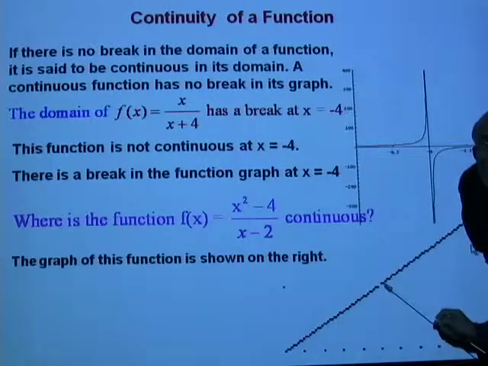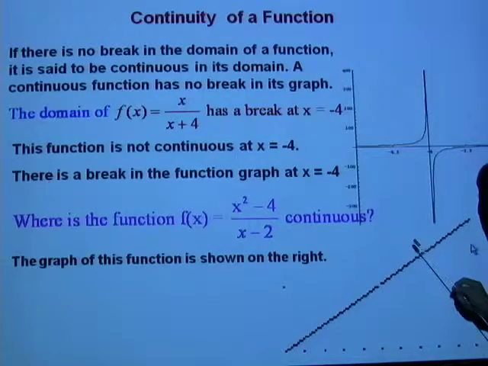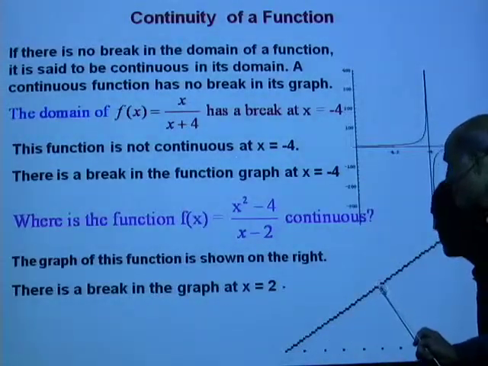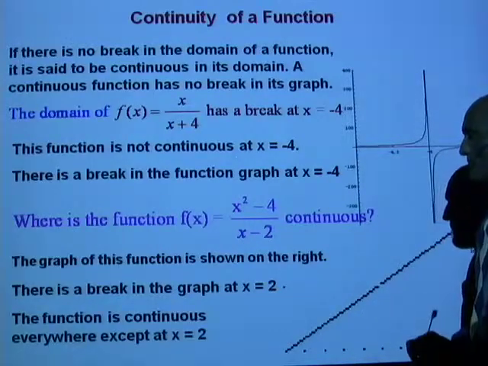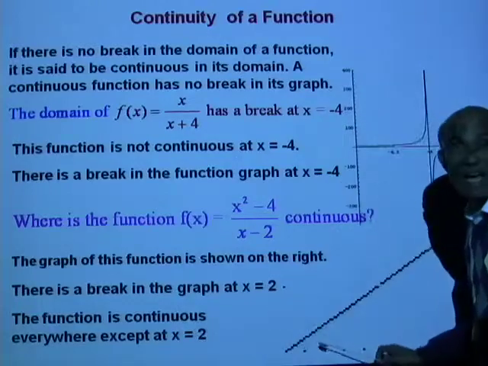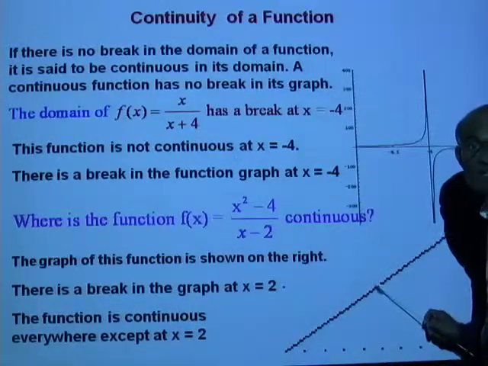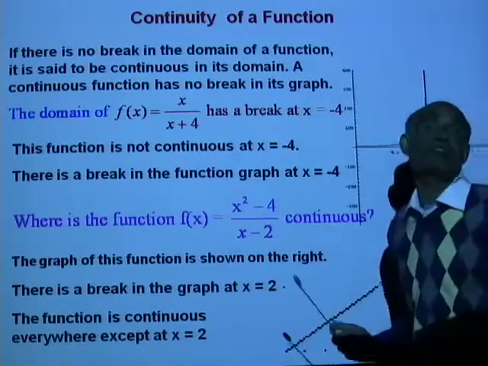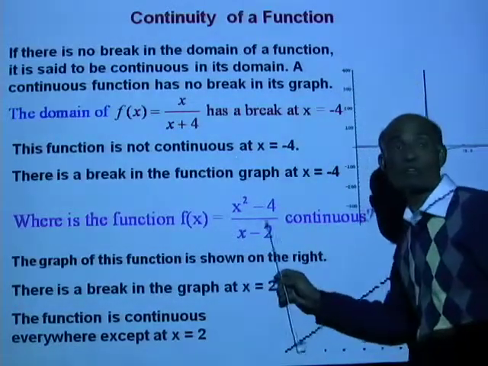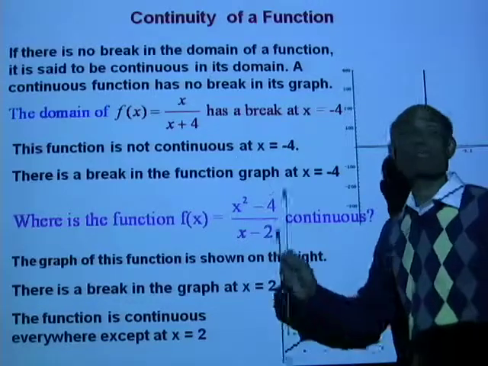But anything greater than 2, yes, there is output. So there is a break in the graph at x equals 2. That means the function is continuous everywhere except at x equals 2. At x equals 2, there's a break, which means x equals 2 is not in the domain of this function.